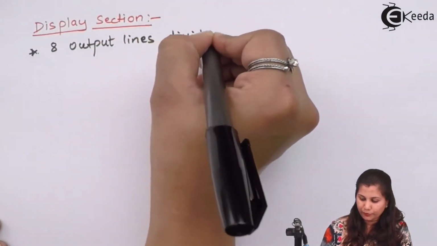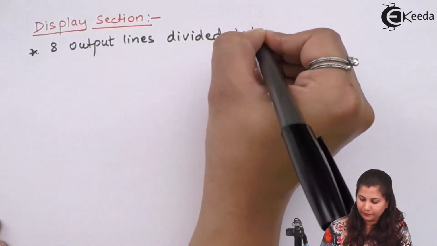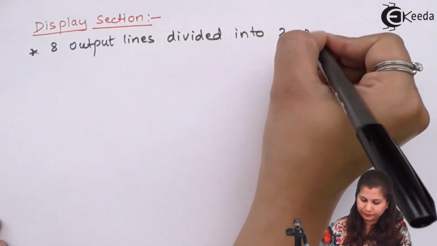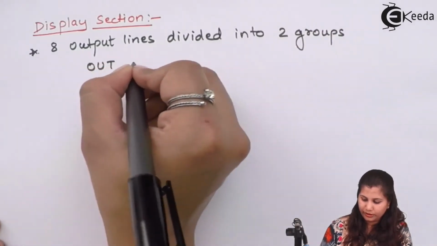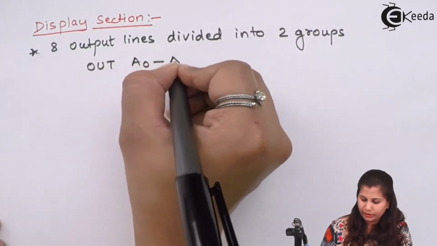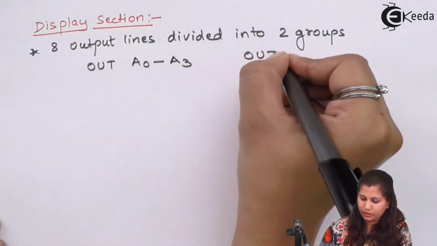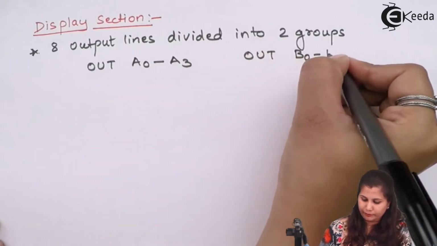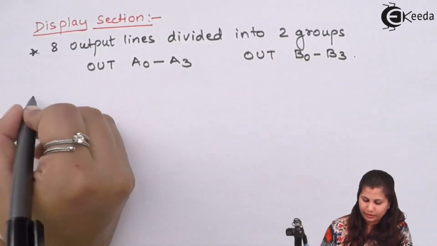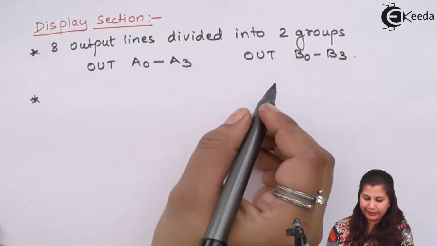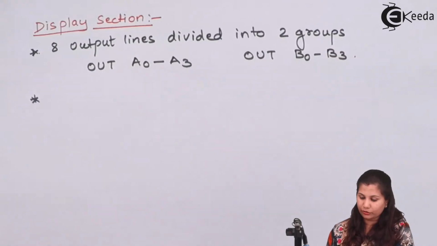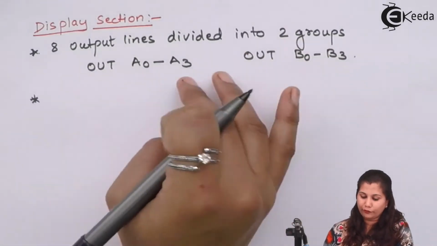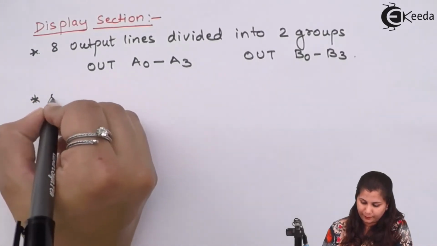So this display section has 8 output lines divided into two groups, out A0 to A3 and out B0 to B3. And these output lines can be used either as a single group of 8 lines or as two groups of 4 lines.